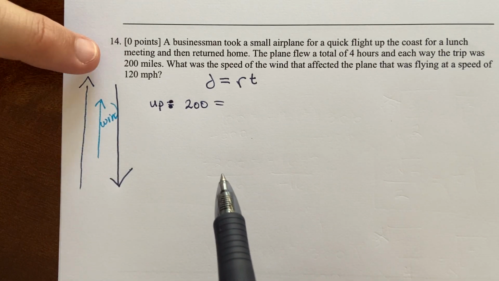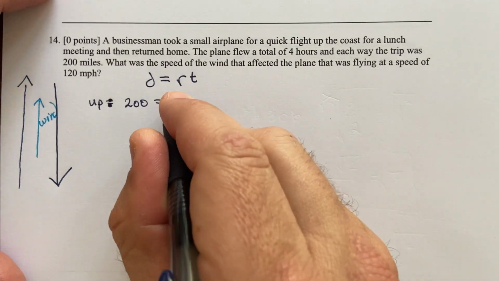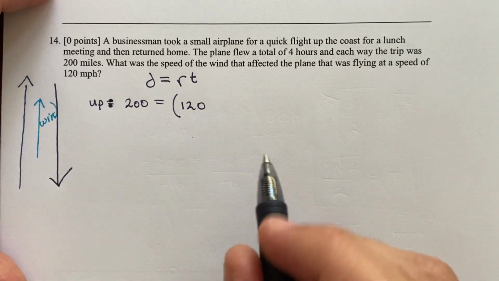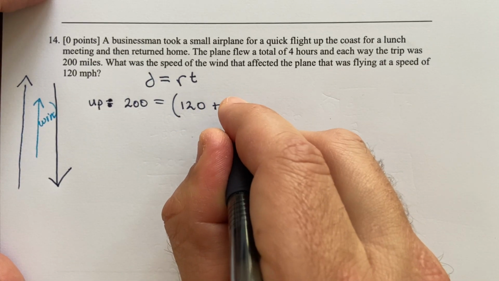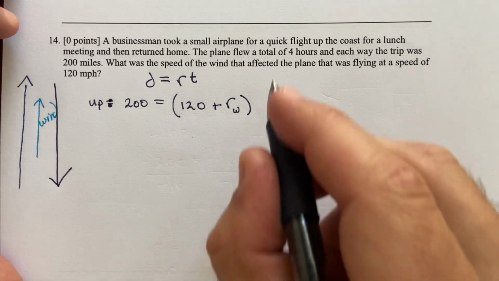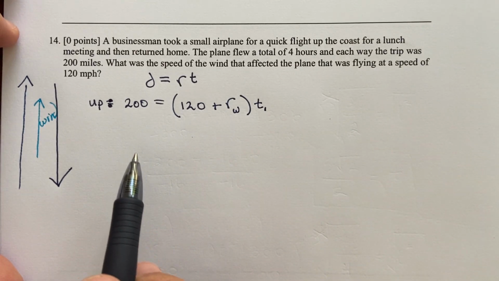Because the wind speed would be helping the plane on the way up. We'd have this tailwind. So I'd have 120, in other words, the speed of the plane, plus the rate of the wind, right? And then times, maybe I'll call it T1, the time that it took to go up.